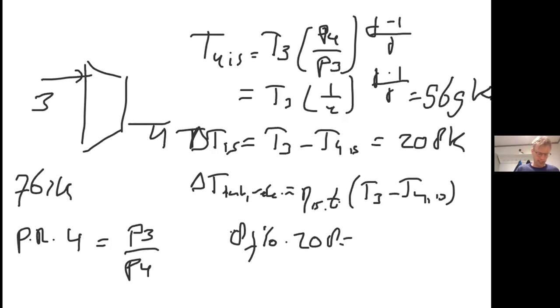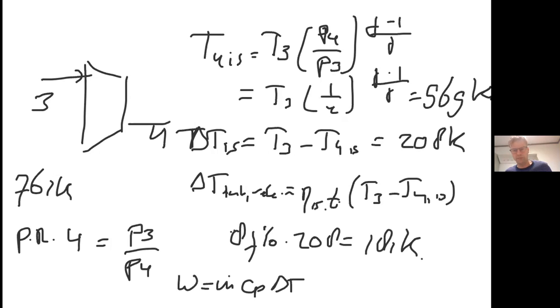Wait a minute, we calculate that. It's 181 Kelvin. And then we can calculate the work again. Work is mass times Cp times delta T, and this comes to 472 kilowatt if you fill this in.